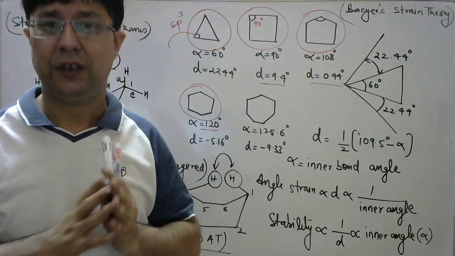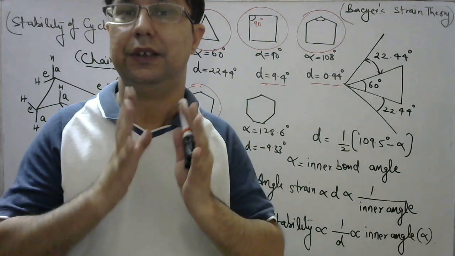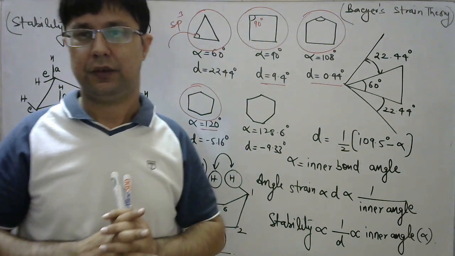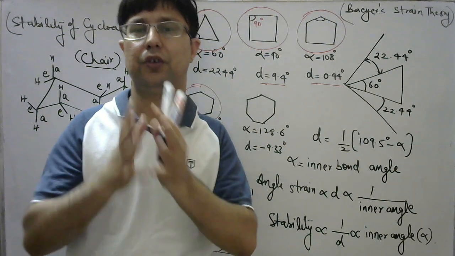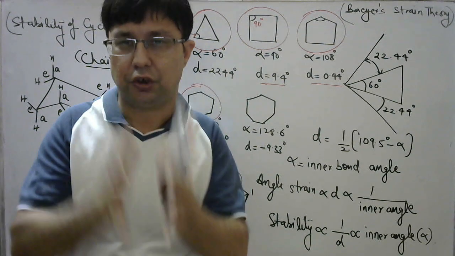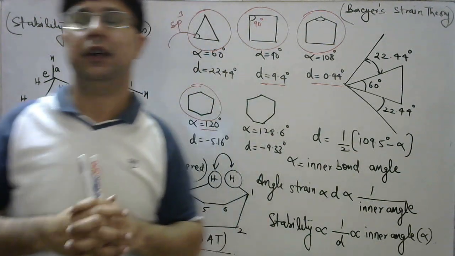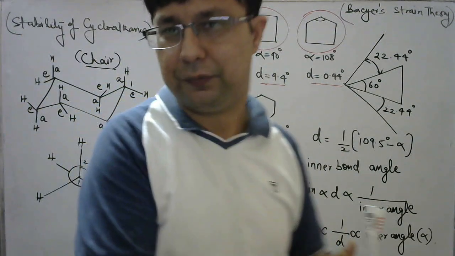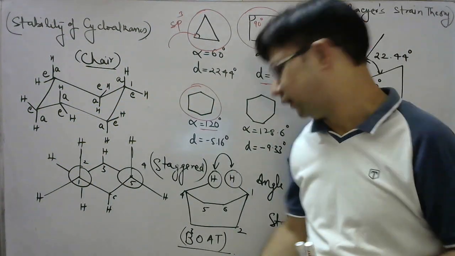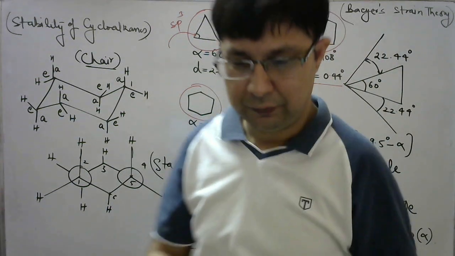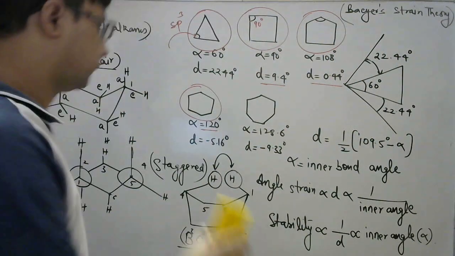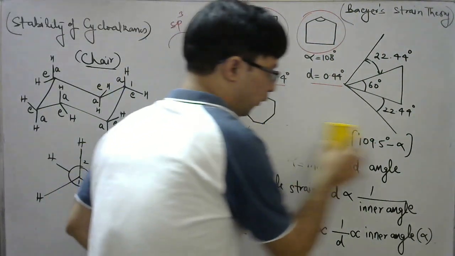The difference lies with respect to the torsional strain. The chair form is more stable because of the minimized torsional strain, as it is the staggered form. The other form, the boat form, is indicated as the eclipsed form.